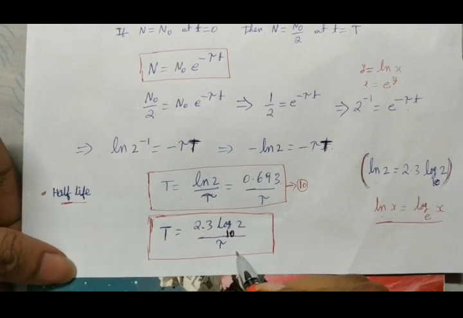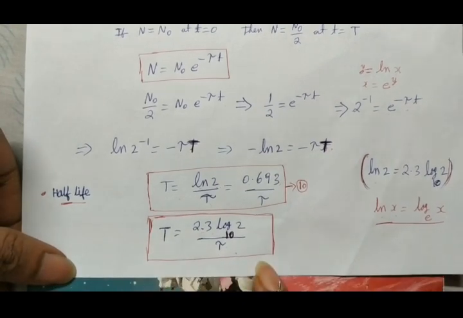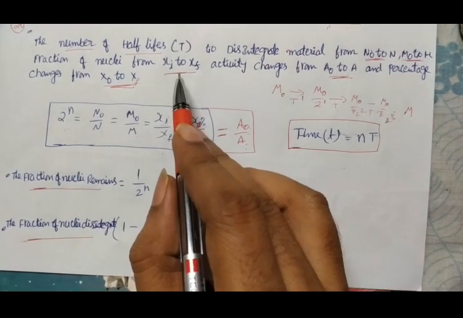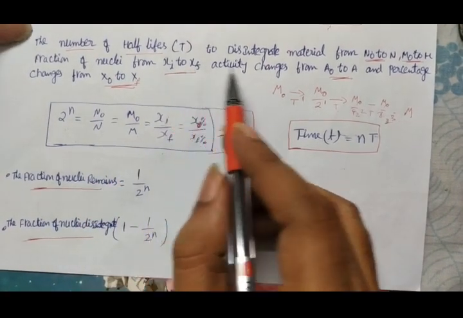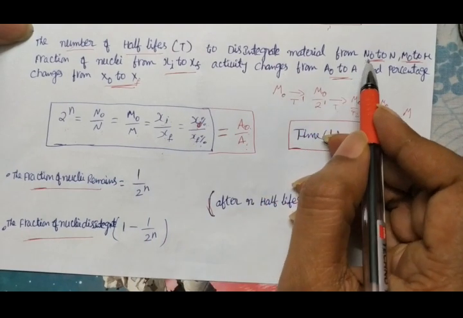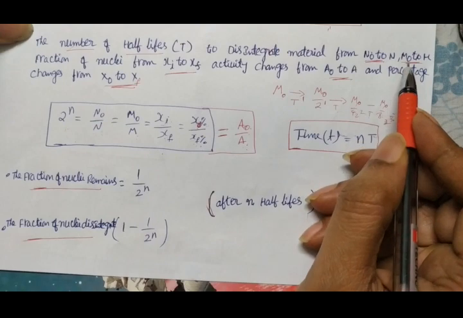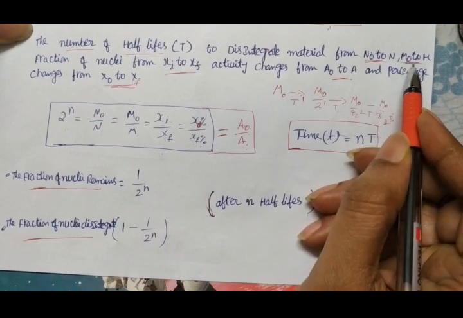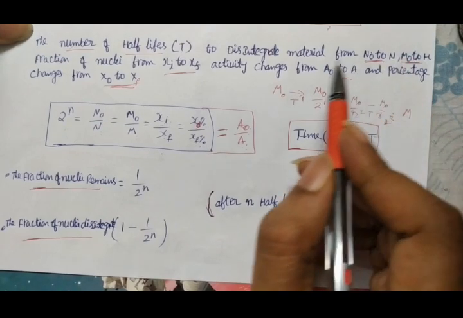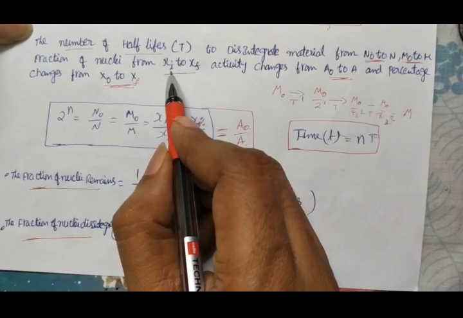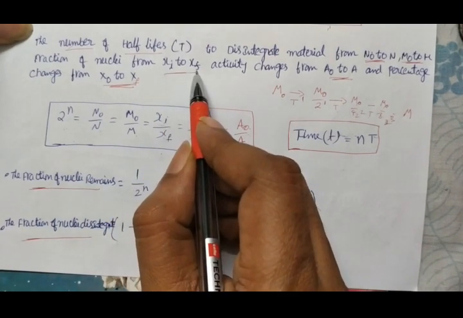This is about the half-life of a radioactive substance. Now, after how many half-lives does the material change? Suppose the initial number of nuclei N0 becomes N, or the initial mass M0 becomes M. Suppose initially the fraction of material is X initial, and the final fraction is X final.